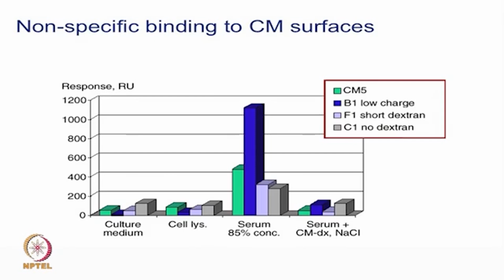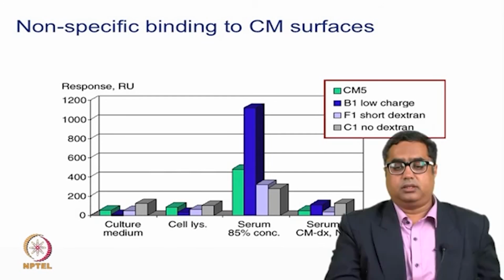The CM surfaces are very good with non-specific binding, which means they have very little non-specific binding when they are used with culture mediums, with cell lysates, and with serum in a diluted way and in an undiluted way.